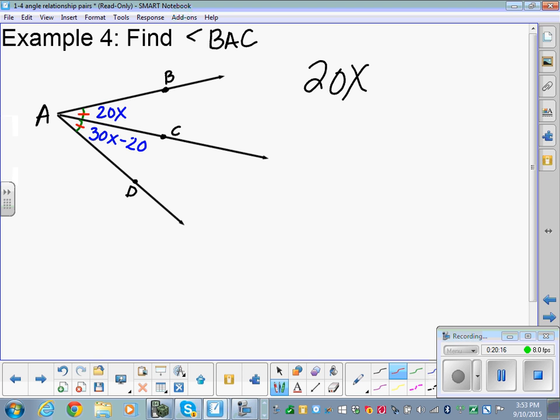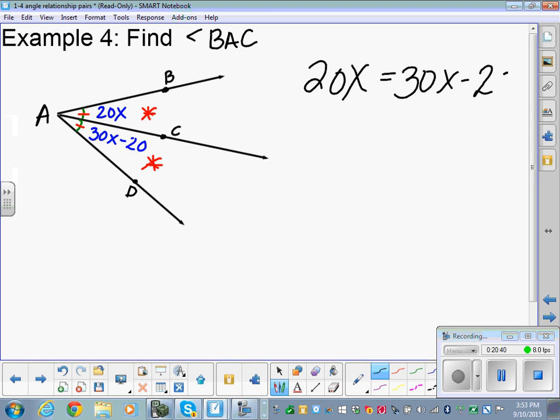These are angles made from a straight line, so we don't know that they add up to be 180. These are not vertical angles. They're not exactly opposite of each other. But notice from the picture, we have this red slash on this angle, and we have the red slash on this angle. So we know that they're equal. So it would be a true statement on this one to say that 20x is equal to 30x minus 20.